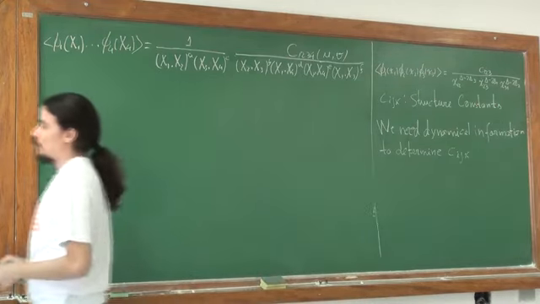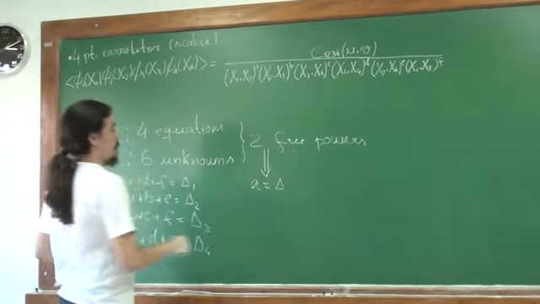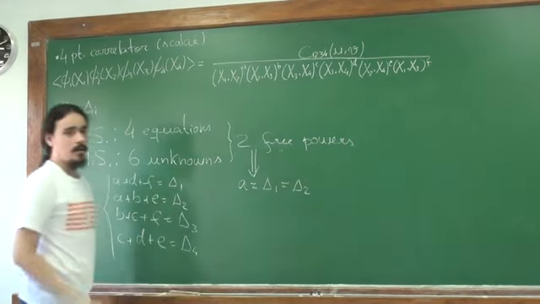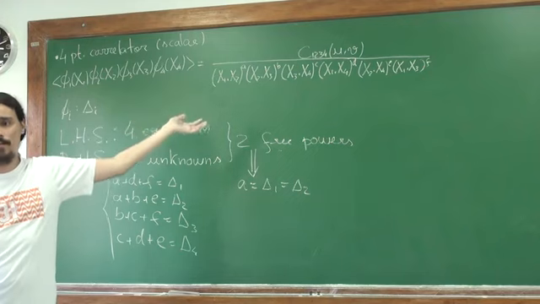That means that I'll choose A, which appears with x1 and x2, to be delta 1 and delta 2. Okay? Doing the same thing I did for the 2-point functions and 3-point functions.